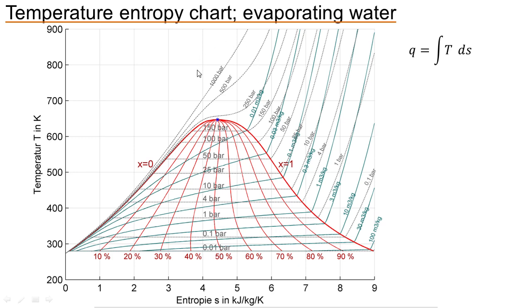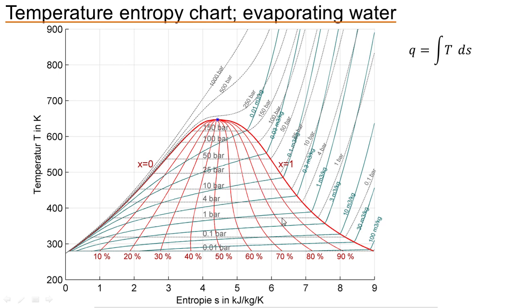You call this area supercritical steam. This is the saturated steam, and this is water. X is the amount of steam in the mixture. X equals 0 means there's no steam, it's everything water, and x equals 1 means everything is steam. And below this line you have superheated steam. These lines here show lines of constant amount of water or steam in the saturated steam.